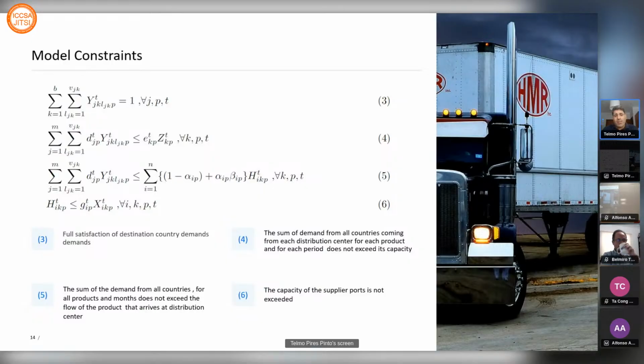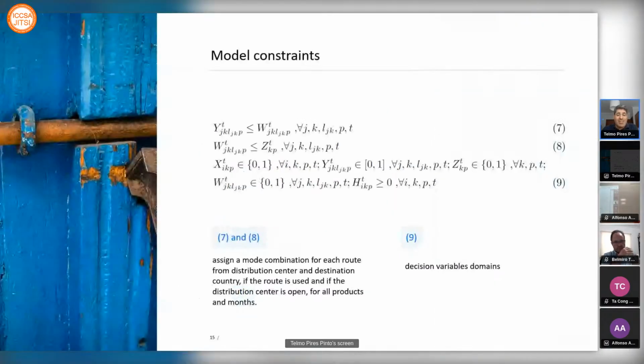And finally, constraint 6 ensures that the supply capacity of origin ports is respected, meaning that no port can supply more than its defined limit, its installed capacity. 7 and 8 ensure that a combination of transport modes is only assigned to a route between the distribution center and the destination country if the route is used and the distribution center is active.